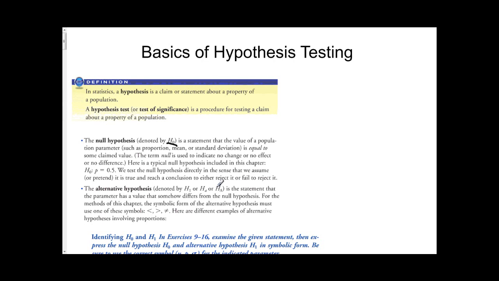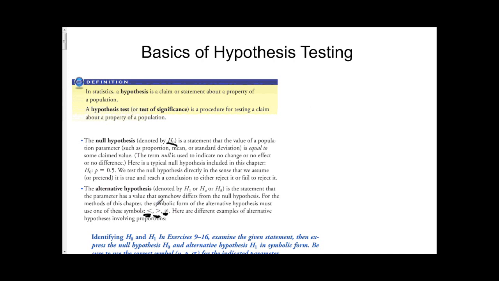The alternative hypothesis is the statement that the parameter has a value that is somehow different from the null hypothesis. So that means we're going to either say that it is less than the hypothesized value, greater than the hypothesized value from the null hypothesis, or just plain not equal. These are the three different symbols that we can use for the alternative hypothesis.